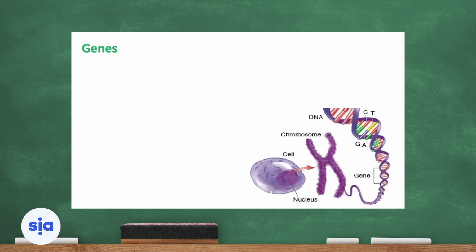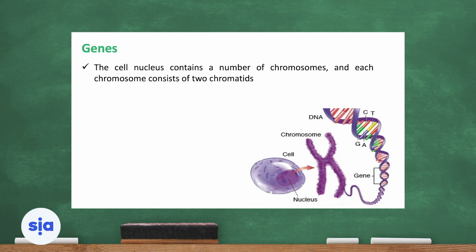Okay, genes. What are genes? If you look at the nucleus of the cell, inside the nucleus there are X-shaped chromosomes. These chromosomes consist of two chromatids.